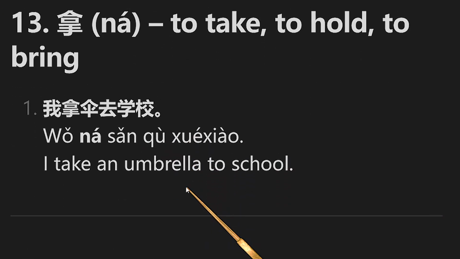Let's see. I take an umbrella to school. 我拿伞去学校. So I take 伞, it's an umbrella. 去 to go to 学校 school.